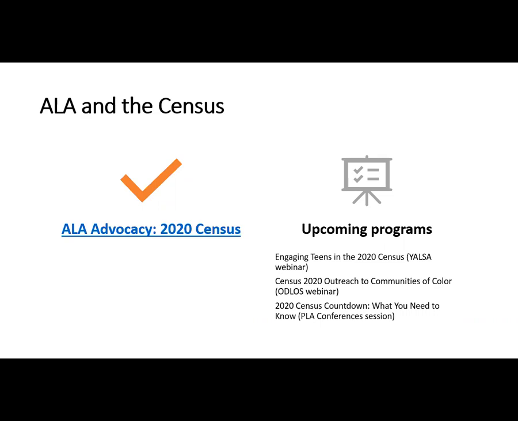I'm very sorry, I don't remember that acronym. They're doing Census 2020 outreach to communities of color. And if anybody is going to the PLA conference at the end of the month, there will be a 2020 Census countdown session, what you need to know. They also have a series of webinars that they've already hosted, and I will show you where you can find those in a little bit.